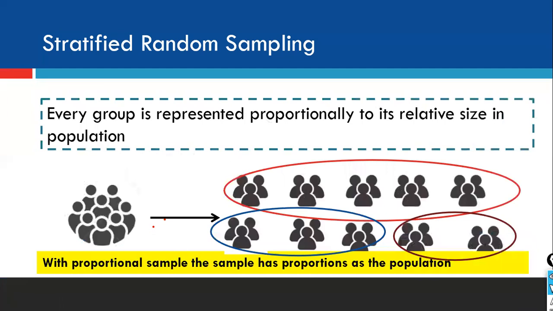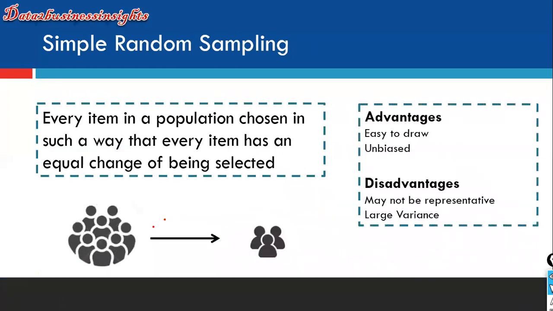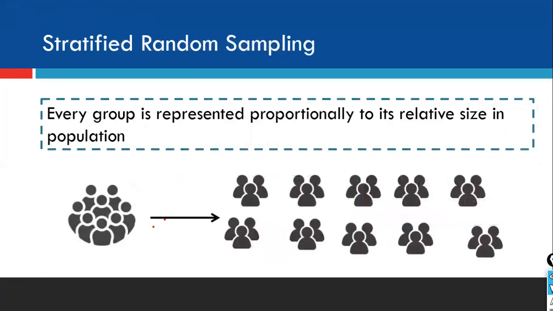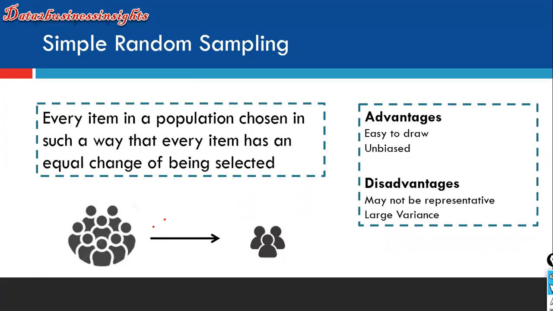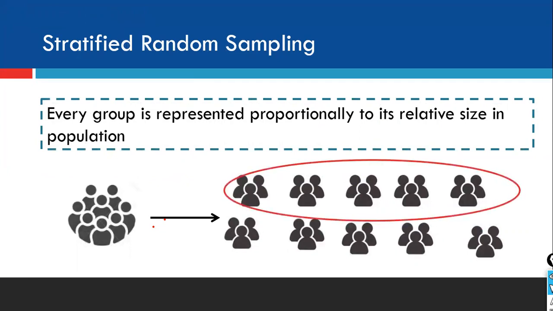So now we understood the difference from simple random sampling. Though it is unbiased, there is no coverage. There could be chances it will not cover all the segments, whereas stratified random sampling is unbiased and it has coverage.